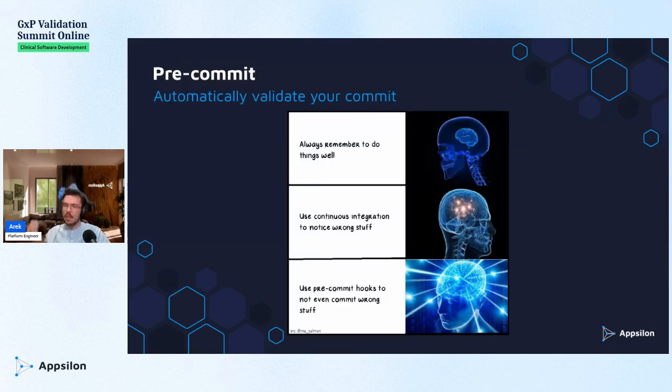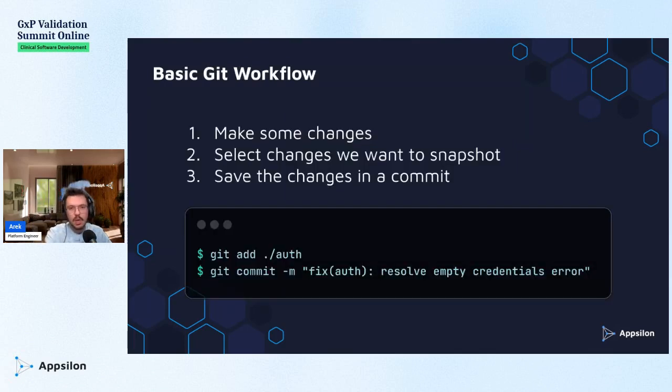And that thing is precommit, which is a tool that allows us to run Git hooks, which are some kind of automated scripts that are run just before our commit is saved, right? So if we go back to our Git basic workflow, in the first step, when we are running our git commit command with our message, Git is going to run our hooks defined by precommit.